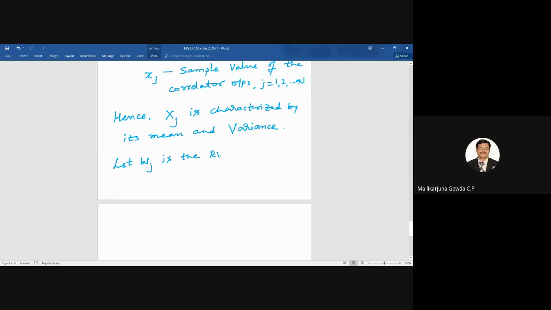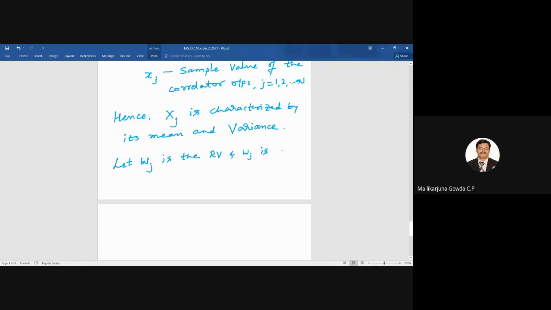And it has a sample function, similar to small xj for capital Xj. Similarly, capital Wj is a random variable and small wj is its sample value.